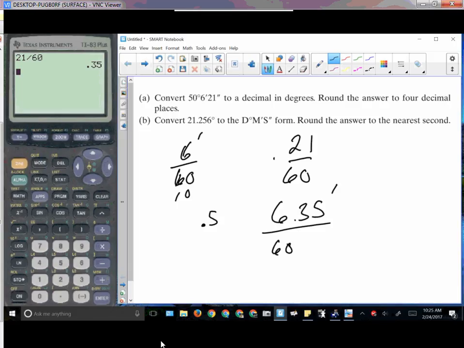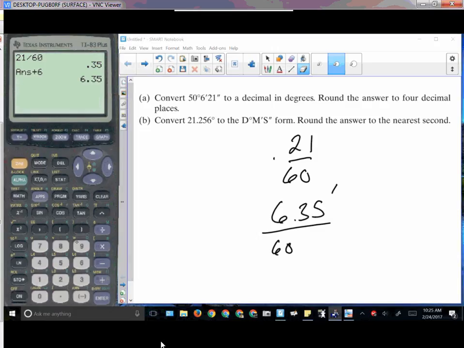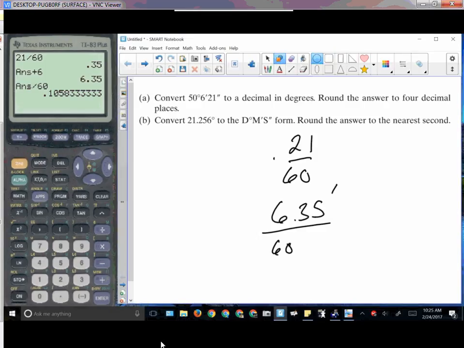If you try and work your way up, it'll be a lot easier to think about than doing it the other way. So now I can just add 6 to this, divide this by 60, and I've got my next set of decimals. So that means that it's going to be for A, that would be, oops, sorry. That would be 50.1, we've got 4 decimal places, 1058 degrees. Easy enough?